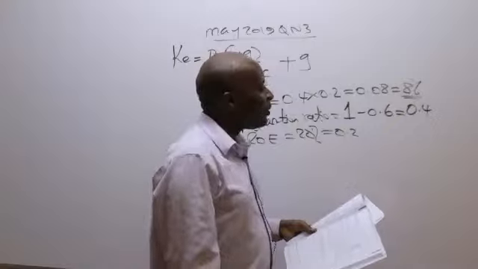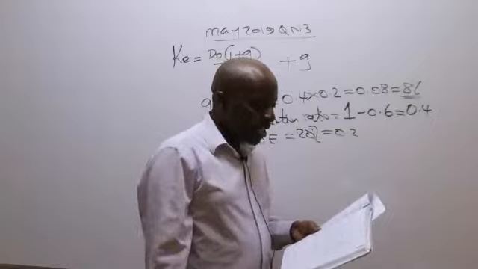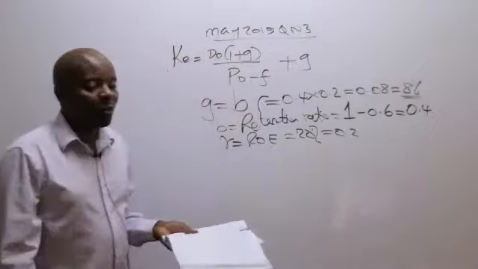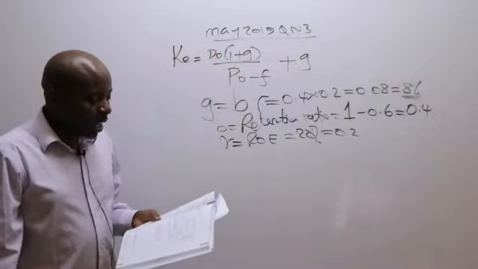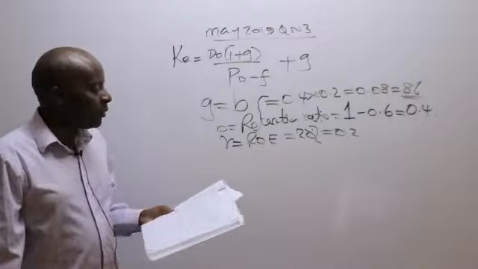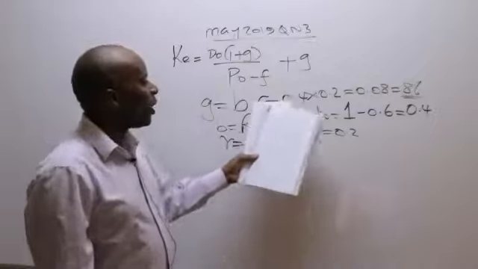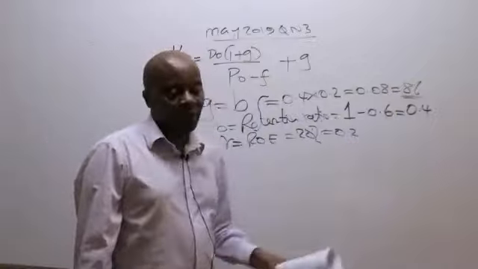So if the dividend payout ratio is 60%, then, ladies and gentlemen, the retention ratio will be 40%, 0.4. And then they have given us the return on equity. Remember, ROE stands for return on equity. So once I have the two, I'll be able to multiply, which will end up giving us 8%.